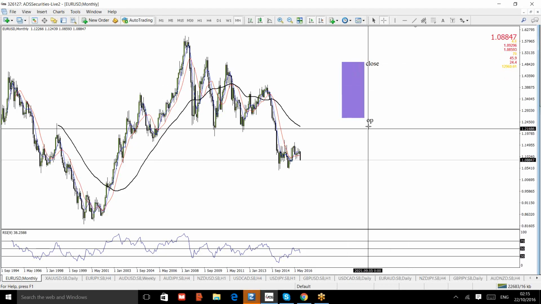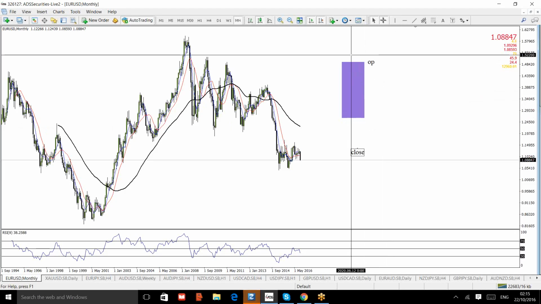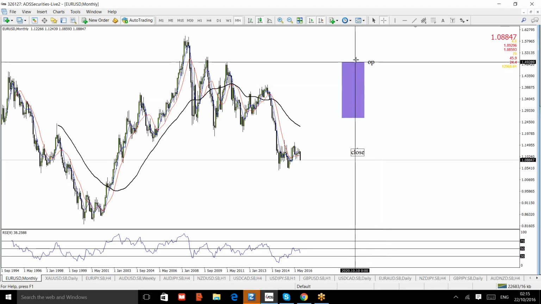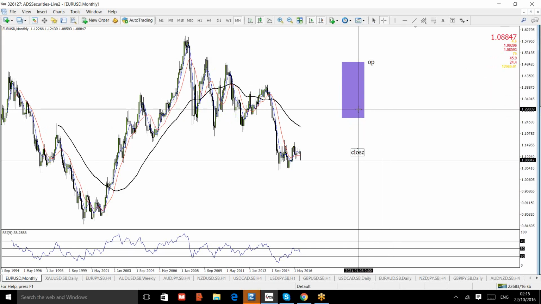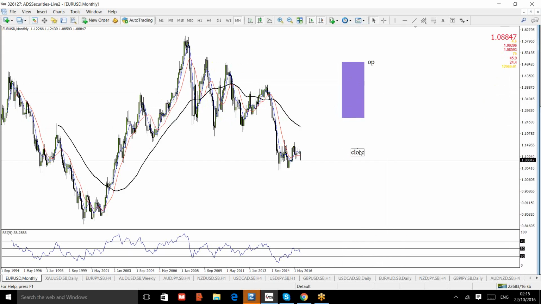Now, the candle opens here. Sellers push the price down, buyers push the price up. Sellers push the price down, buyers push the price up, and eventually sellers push the price down, and the candle closes here. Who wins? Tell me who wins? Boston, who wins?